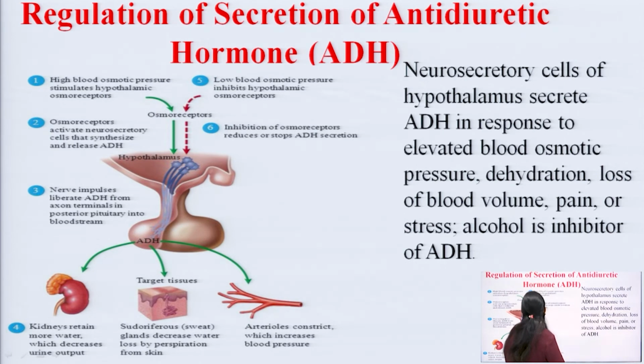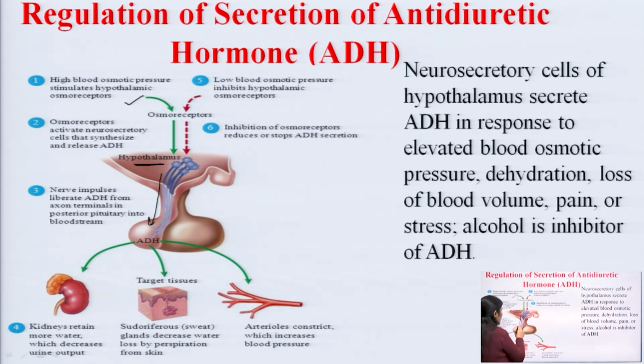So, as soon as there is high blood osmotic pressure, it will stimulate hypothalamic osmoreceptors. Osmoreceptors will activate neurosecretory cells in the hypothalamus, and they will secrete and release the antidiuretic hormone.